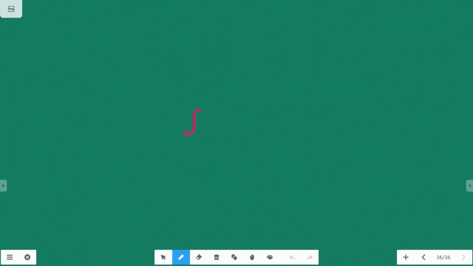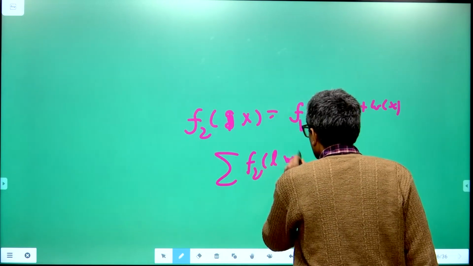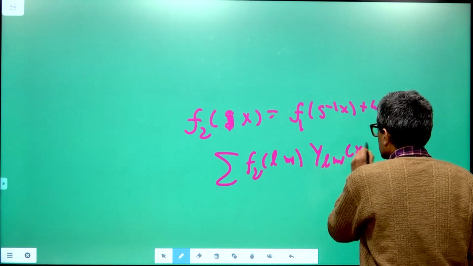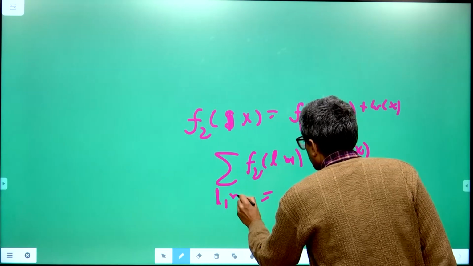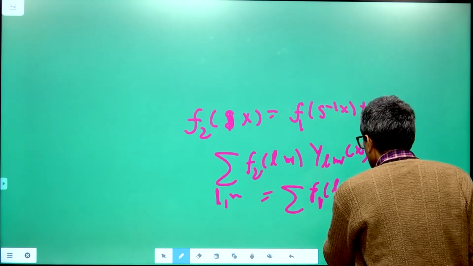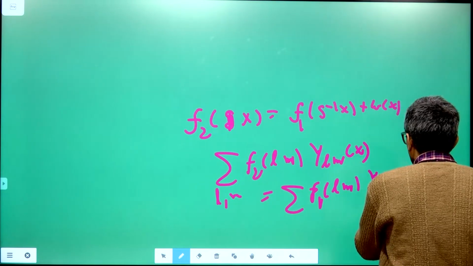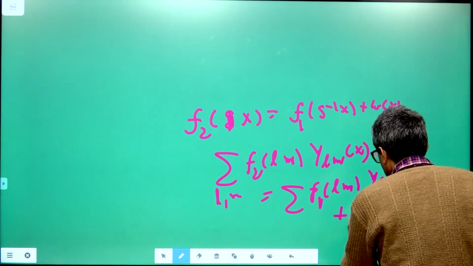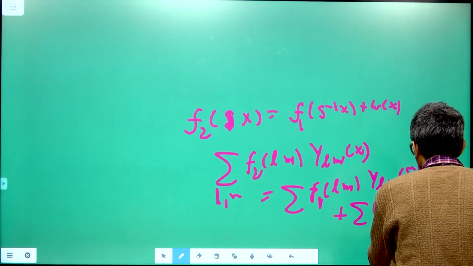You see, suppose you did not have any spin variable or any vector variable, you had just a scalar variable. Then you have F2 of x is F1 of G inverse x plus W of x. If you expand in terms of spherical harmonics, what do you get? You get the sum over L and M of F2 LM YLM of x is equal to summation F1 LM YLM of G inverse x plus summation WLM YLM of x.